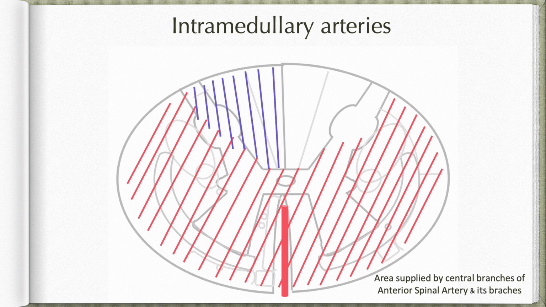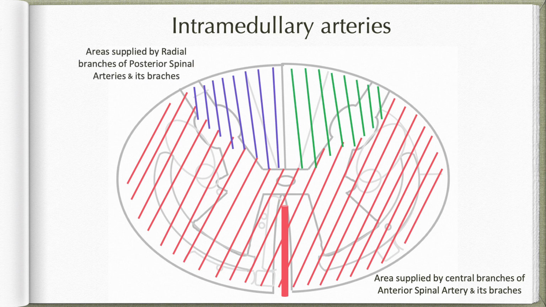The radial branches coming from the posterior spinal arteries will supply the remaining part of the dorsal horn, part of the intermediate horn, and of course posterior funiculus on their own corresponding sides. The periphery of the ventral and lateral funiculi are supplied by radial branches arising from the pial plexus.